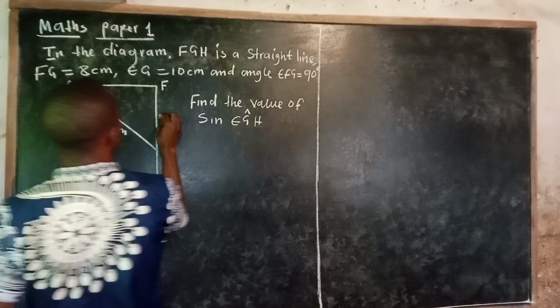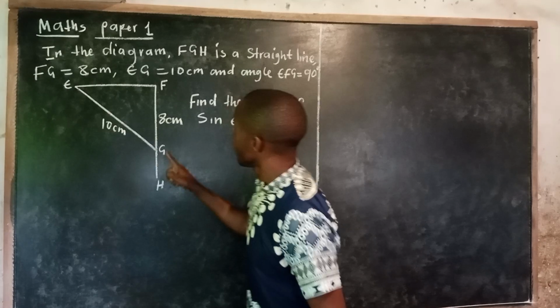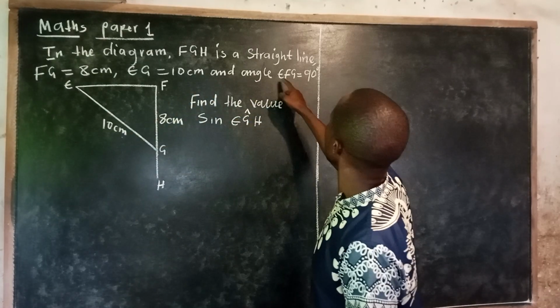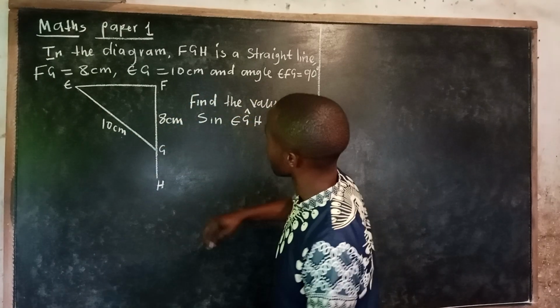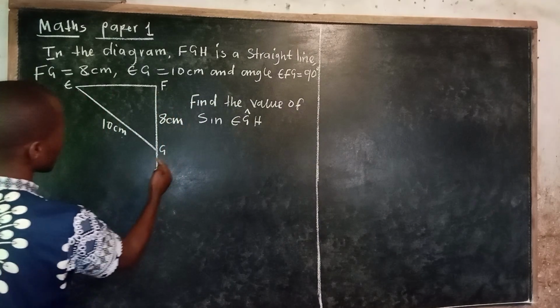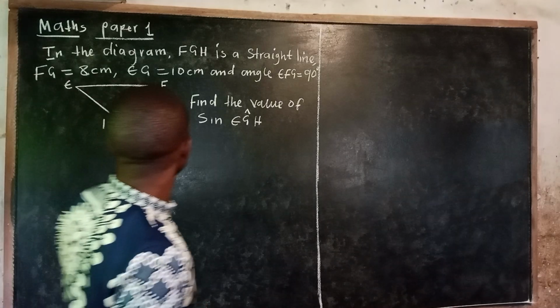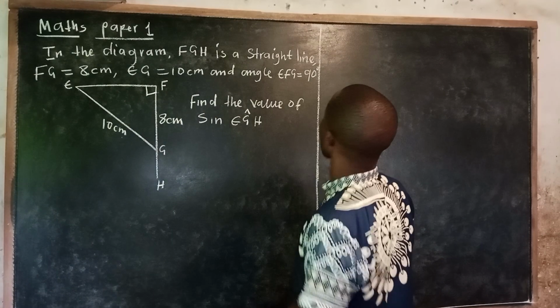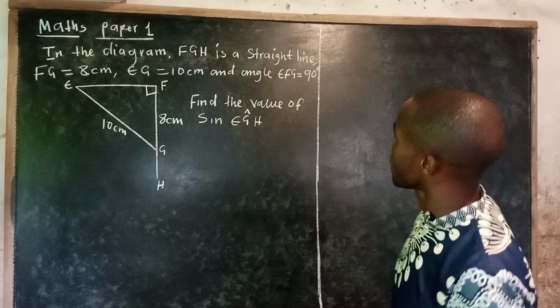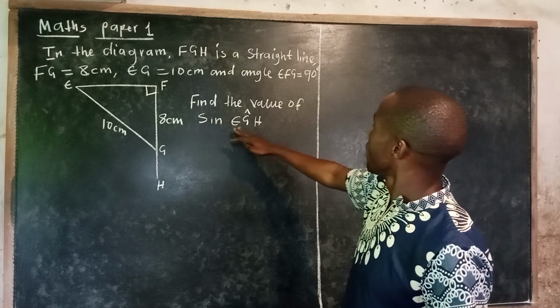Let me indicate it: 8 centimeters, 10 centimeters EG, this one. And angle EFG, which is this one, is 90 degrees. So now the question says, find the value of sine EGH.